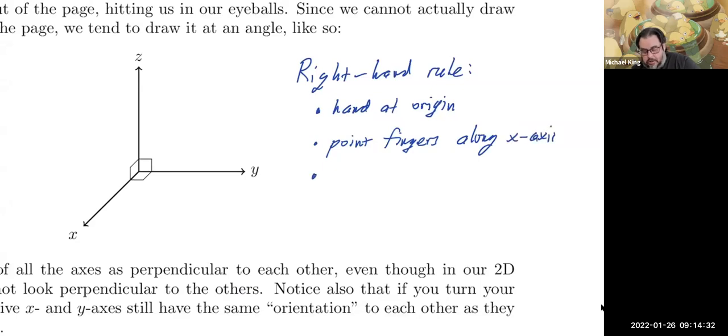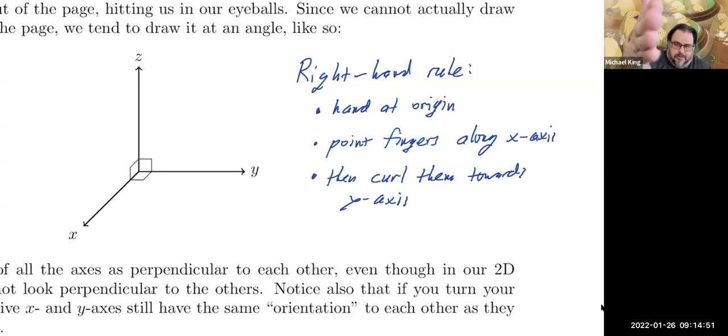And then curl them towards the Y-axis. Can you imagine pointing your fingers along the X-axis, curling them, put my hand up to the screen, curling them towards the Y-axis?